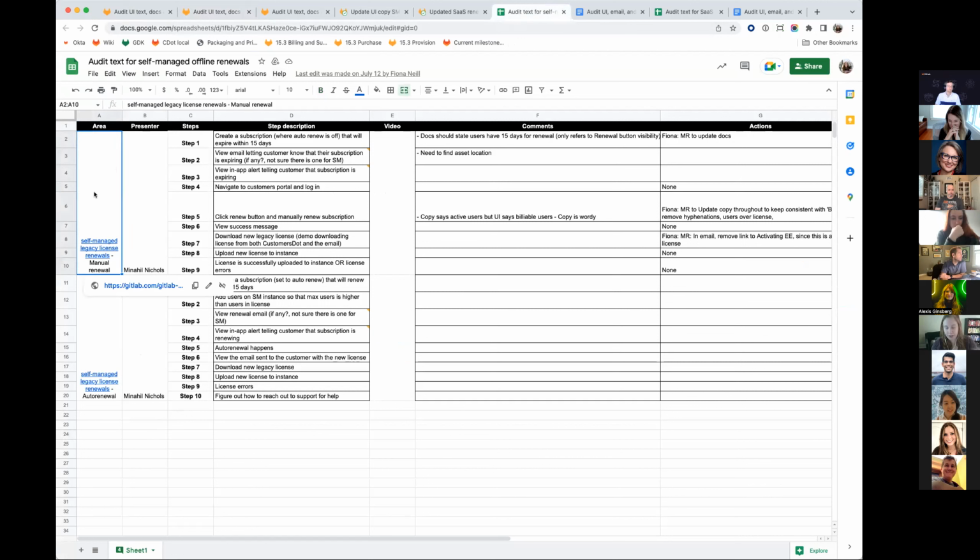If you have gone through the quality demo process for different features, this is a pretty similar spreadsheet, where you have a specific area and the steps involved. Fiona created this framework, and then I went in and filled out the different steps involved for a renewal. This was fairly loose, and we iterated on it as we went through the process, but it gave us a format to get started.